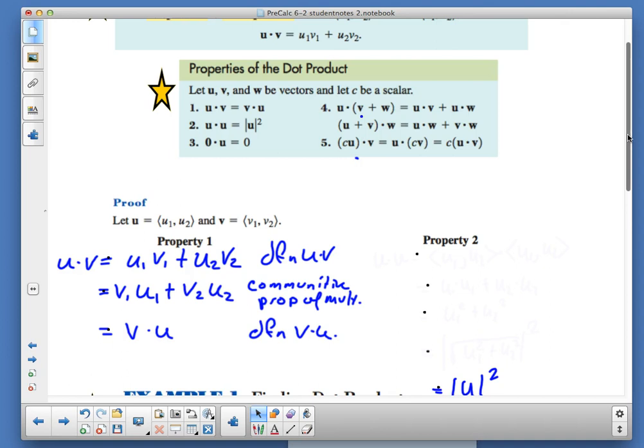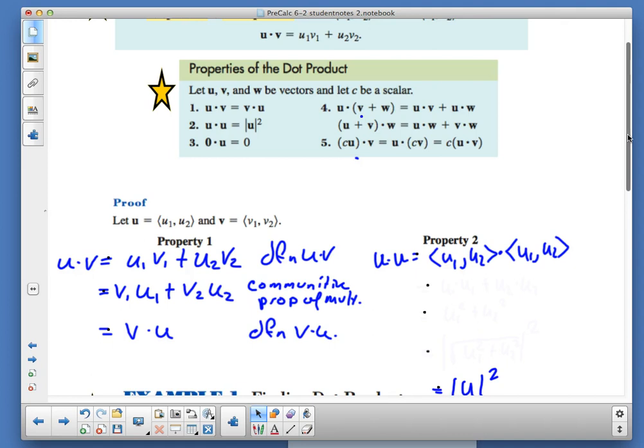Now in property number 2, I'm looking at this idea of the absolute value of u squared. Okay, u times u just gives me my u1 squared plus my u2 squared. But we're going to use it in the idea of working with magnitude, because that's that magnitude symbol squared.